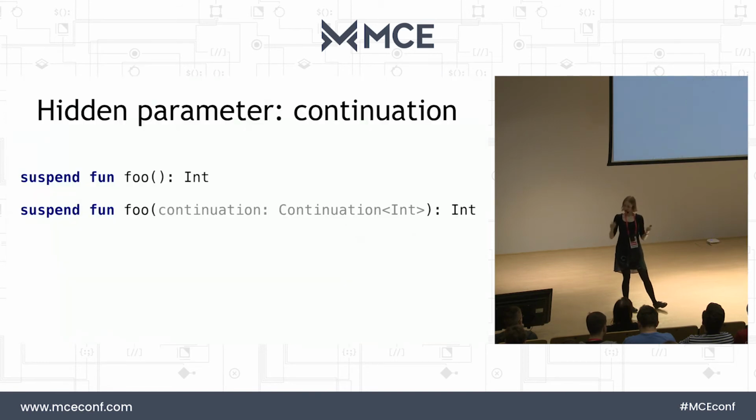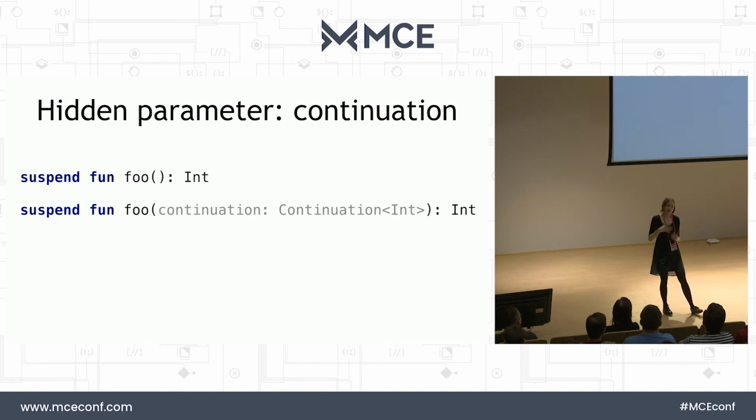Some implementation details. At first, there is a question: is it possible to call suspend functions from Java, for instance? The short answer is probably not, because of how suspend functions are implemented: every suspend function takes one extra, hidden parameter, the parameter that defines what is happening, where to continue and what to continue.